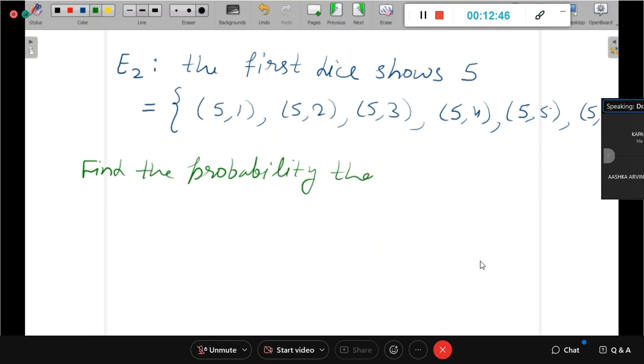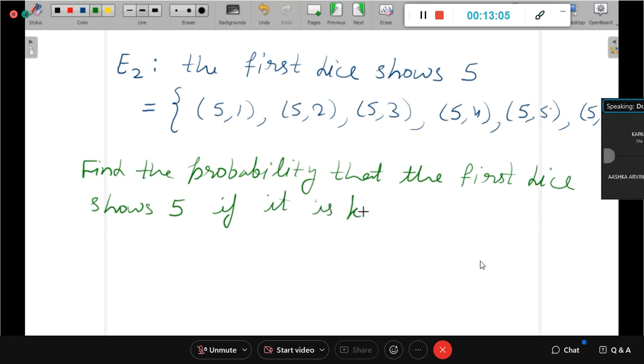I want to answer this question: find the probability that the first dice shows 5 if it is known in advance that the sum is 10.